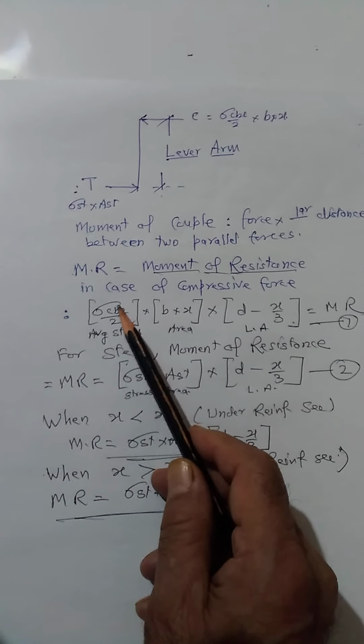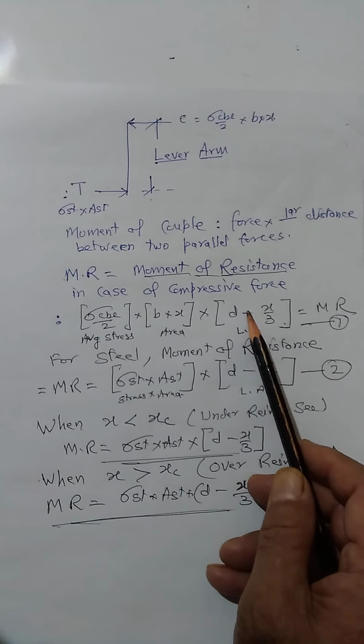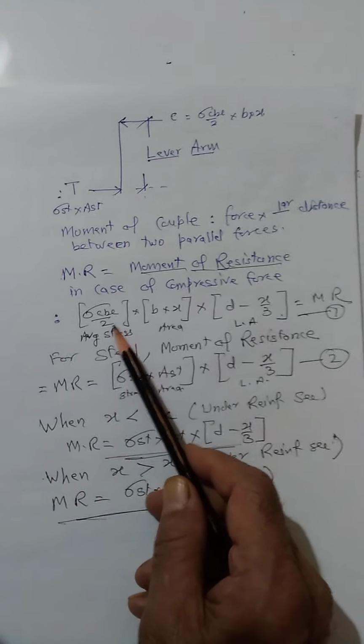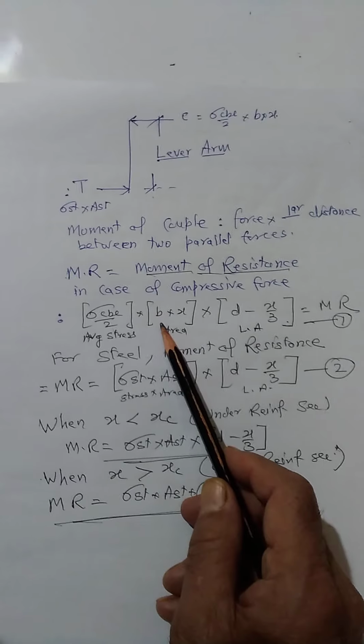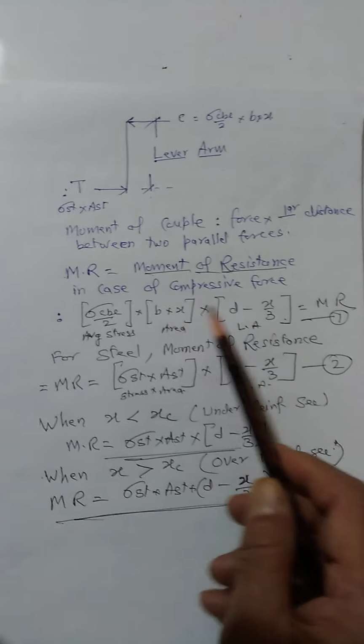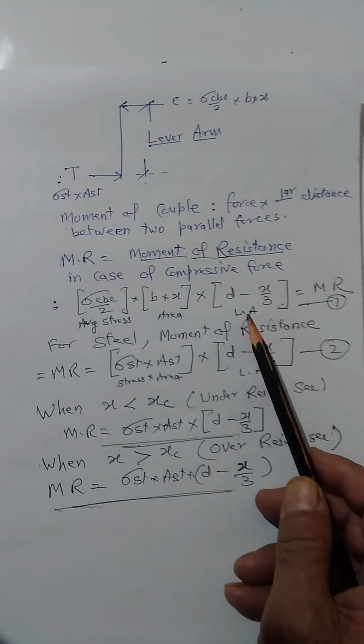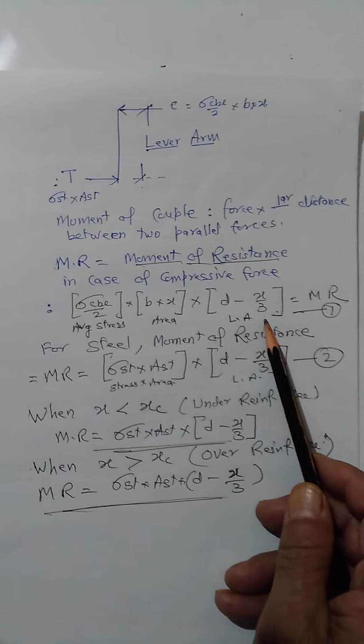Just see. In the case of compressive force, sigma CBC by 2, that is average stress, multiplied by B into X, that is the area, that will give the total force, multiplied by the arm of a couple, we can call the lever arm.